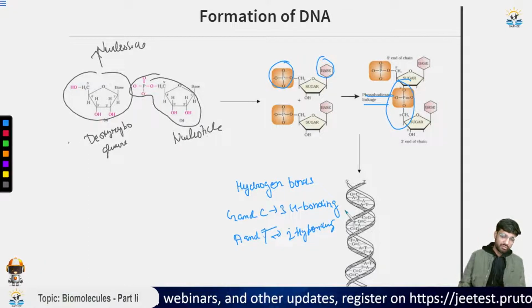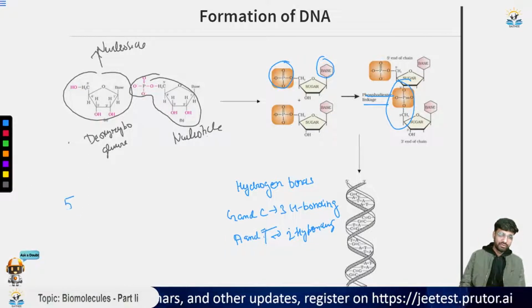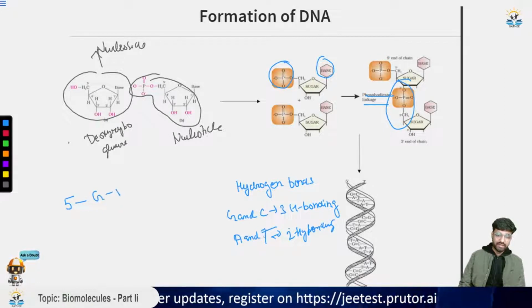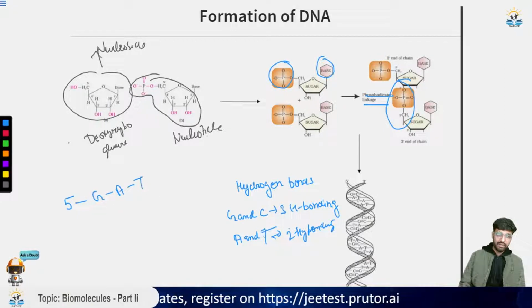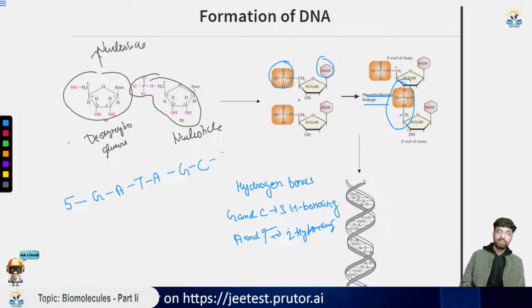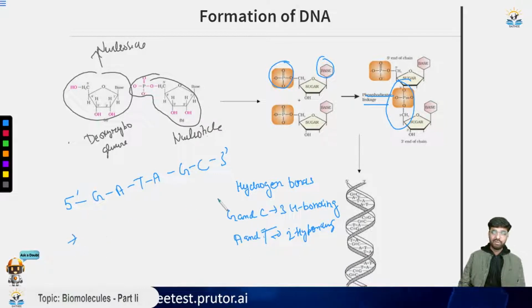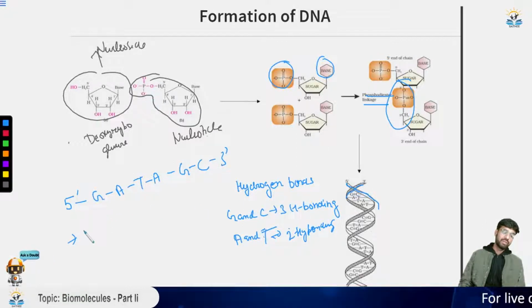How? Suppose we have a strand formed from the base sequence 5 dash GATACG 3 dash. If you want the complementary one, you will simply take the opposite direction, 3 dash.